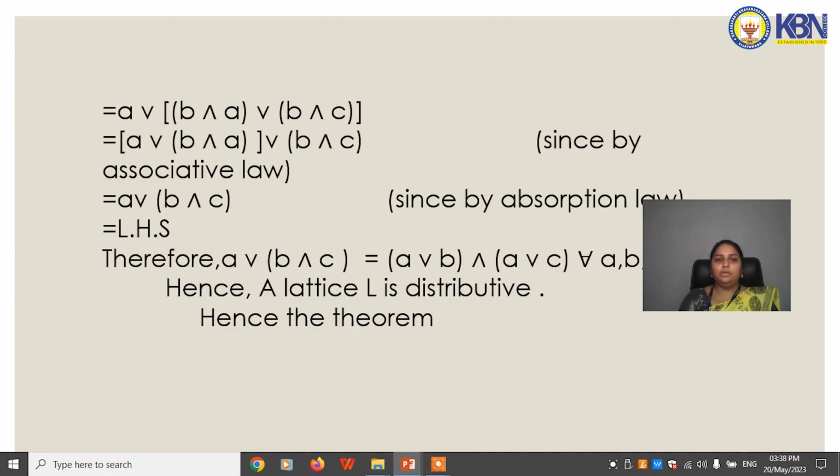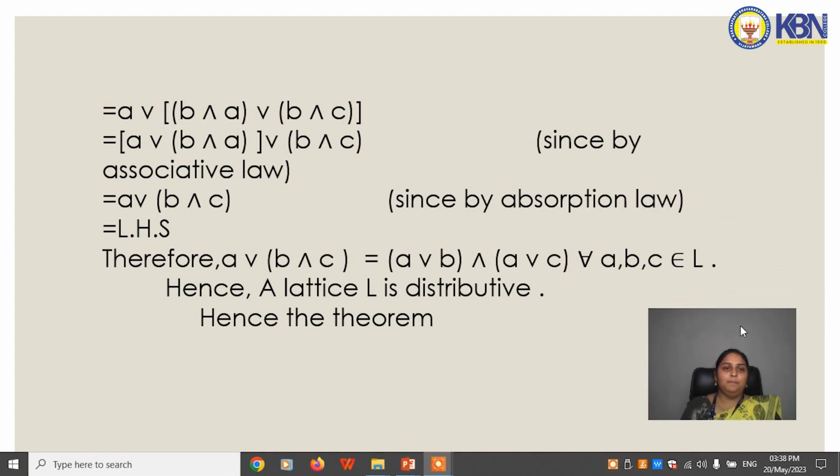And next, now we have to separate the elements in the second part, that is B meet (A join C). That can be written as (B meet A) join (B meet C). That is A join (B meet A) join (B meet C). When the symbols are equal, then we can use the associative law, since all the three elements are elements of L and L is a lattice.